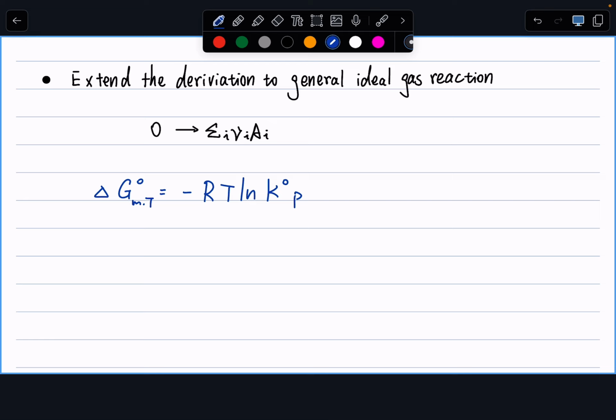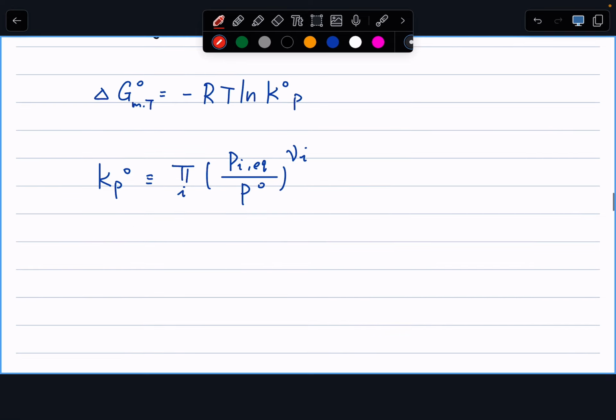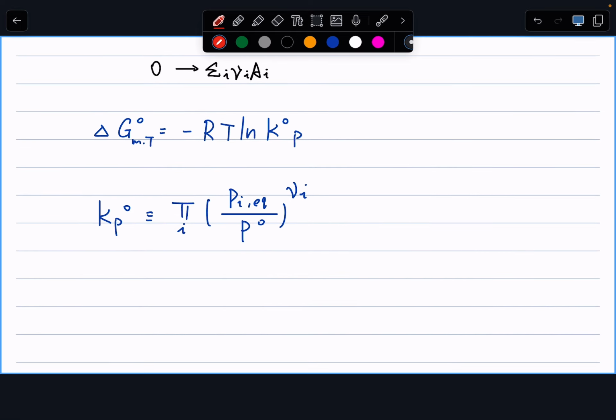And the definition of our Kp here gives us the product. This big pi sign tells us it's a product of the partial pressures of the different chemical species at equilibrium over the standard P naught, to the power of its stoichiometric coefficient, mu i.